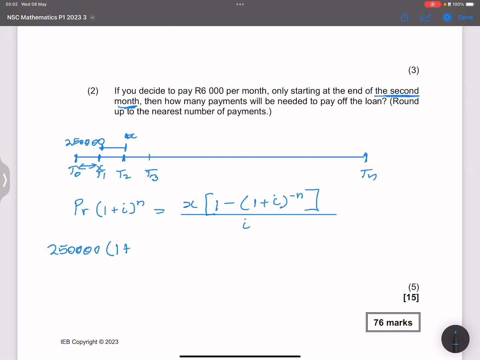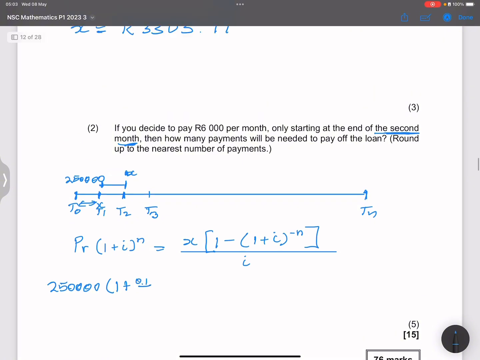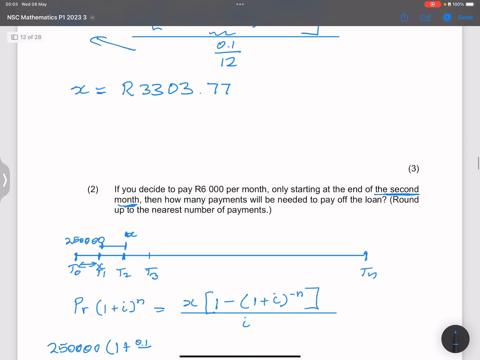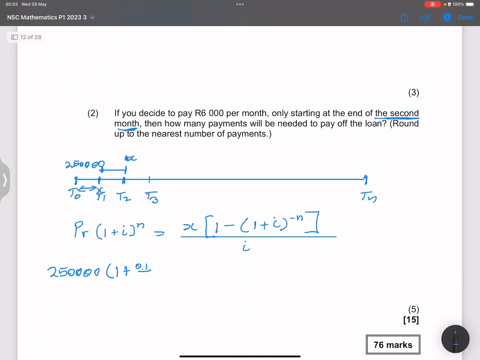So that will be 0.1 over 12. We're still using the same conditions as before, so that's 10% compounded, over 12. That's only a single month that will accumulate interest.